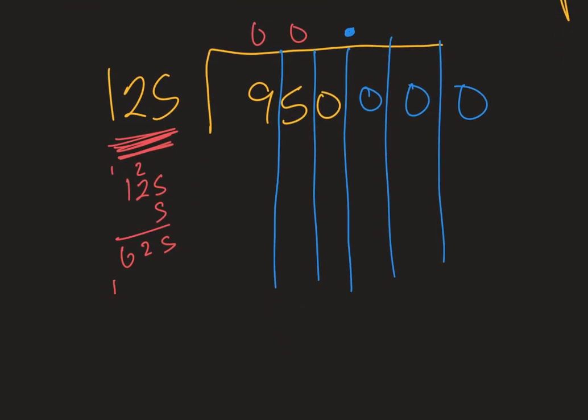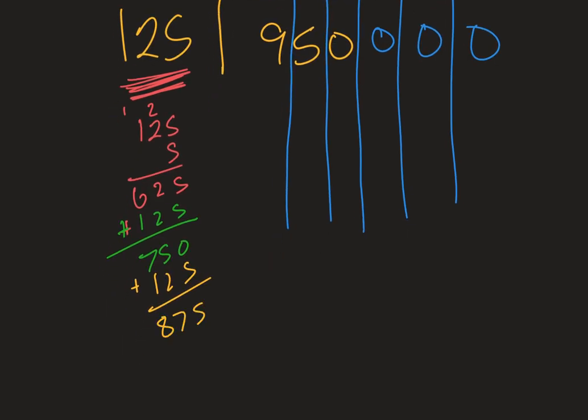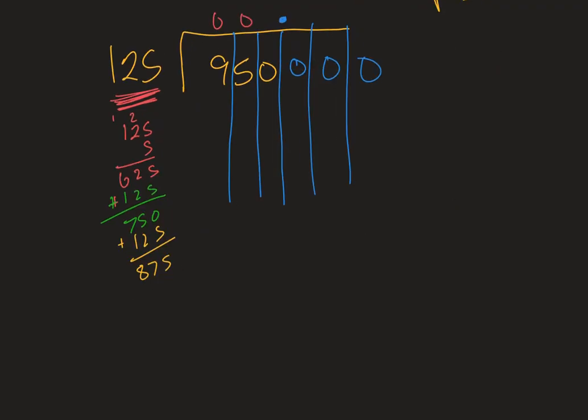What if I add another 125? I'll do that in green here. I get 750. Okay, if I add another 125, I get 875. And if I add another 125, I get 1,000.